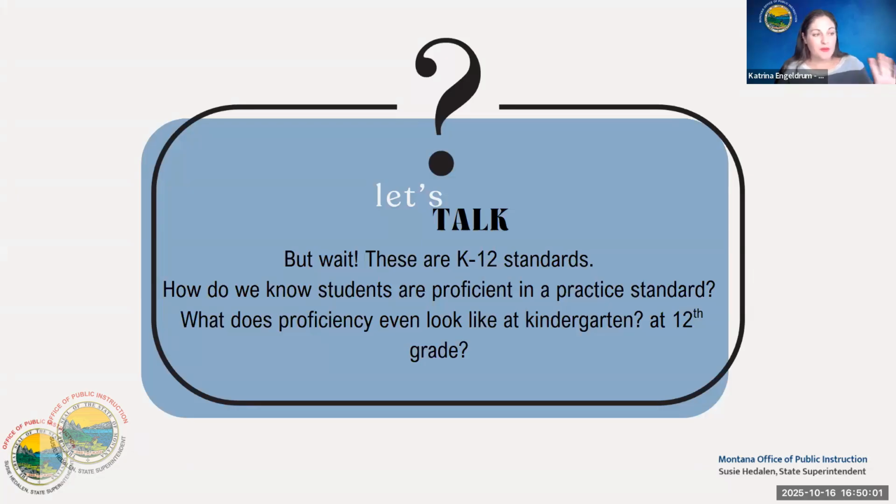This is more of a rhetorical question for the sake of time, but I want you to start to think about that and ruminate on how do you know that a kid is on track, on target, and at some point when they graduate, they're going to be able to do this math practice, whether it's problem solve and persevere or justify and prove or whatever, to that level you expect at the finish line.